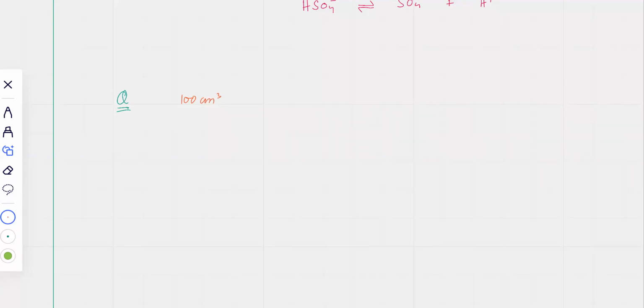So 100 cm cube of 0.15 mole per dm cube ethanoic acid is mixed with 40 cm cube of 0.1 mole per dm cube NaOH.